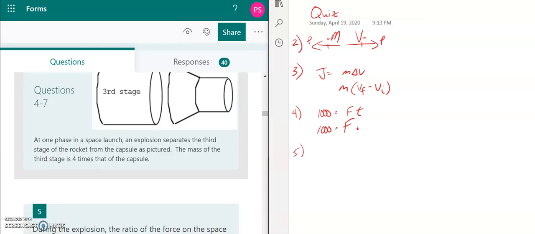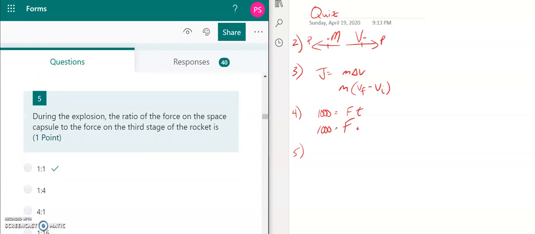Next questions have to deal with this explosion that launches the 3rd stage of the rocket from the capsule. It says that the mass of the 3rd stage is 4 times that of the capsule. Number 5 asks, during the explosion, the ratio of the force on the space capsule to the force on the 3rd stage of the rocket is... again, they're going to have the exact same impulse applied to each other.